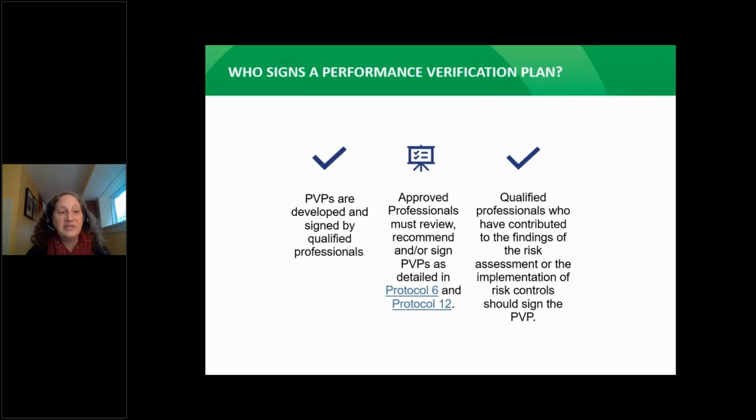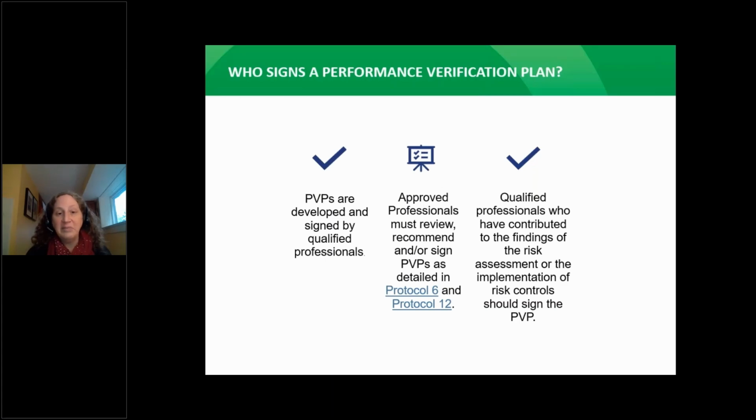Who signs a PVP? PVPs are developed by qualified professionals and should be signed by those who develop the PVP. Qualified professionals who have contributed to the findings of the risk assessment and to the implementation of risk controls should also sign the PVP. Approved professionals review and recommend PVPs under Protocol 6, which is the protocol entitled Applications with Approved Professional Recommendations and Pre-Approvals.